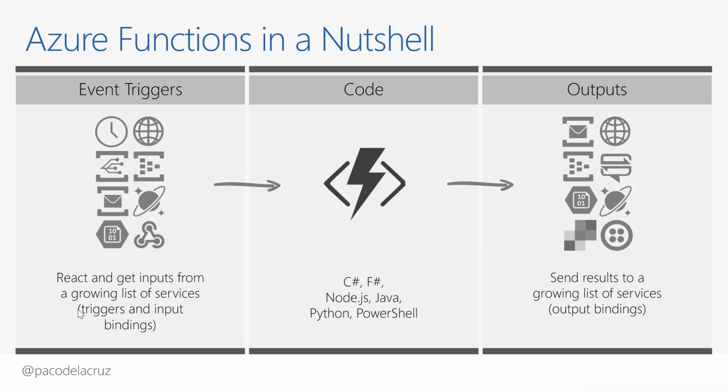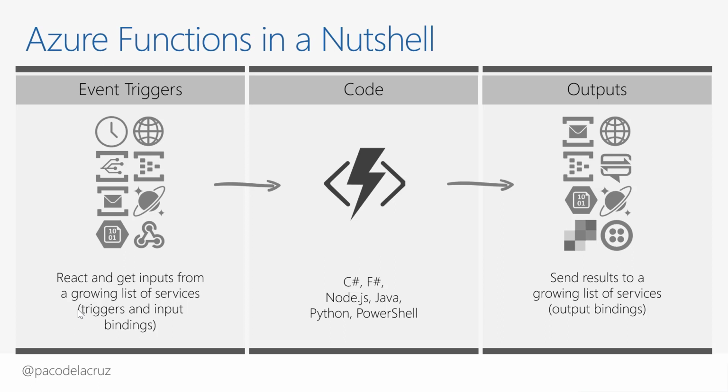So, functions in a nutshell. We have event triggers. Our functions can be started when there is a new Event Grid event, or when there is a new file on the blob container, when we have a message from Service Bus, when we have a new document on Cosmos DB, and so on and so forth. These are event triggers, and they will trigger my code that is in my Azure function.